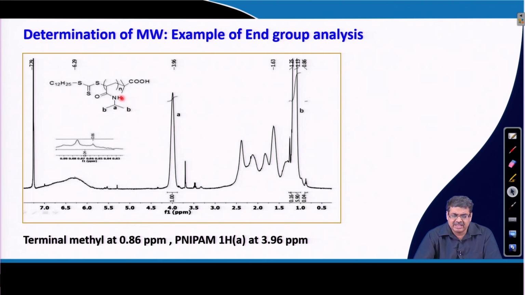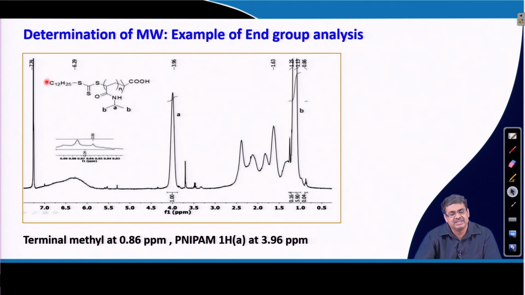So, in this particular case I have poly N-isopropyl acrylamide polymer, and we need to find out exclusive protons which are present at the end and somewhere in the repeating unit. So, in this case the end CH3, this has a long chain C12H25.